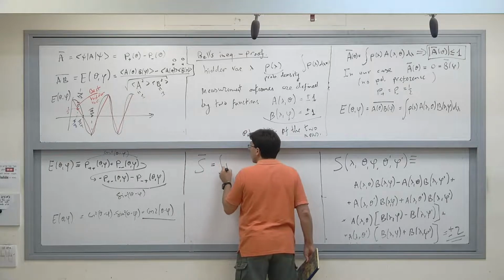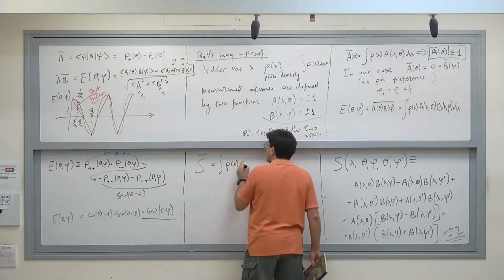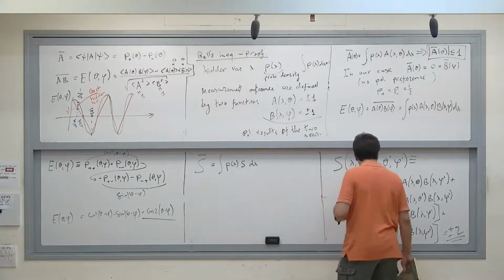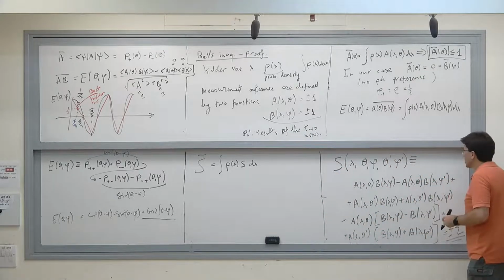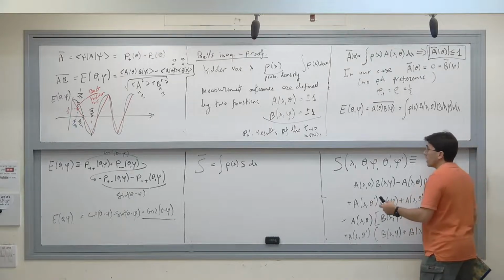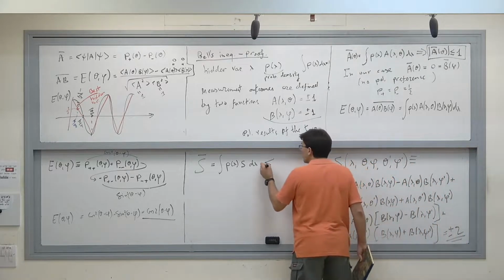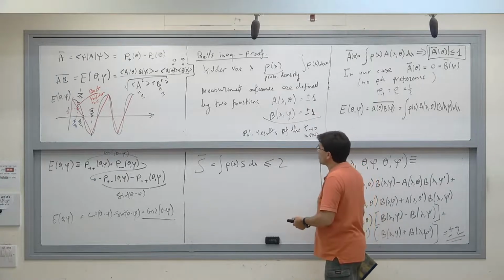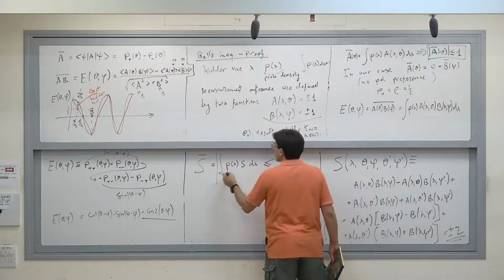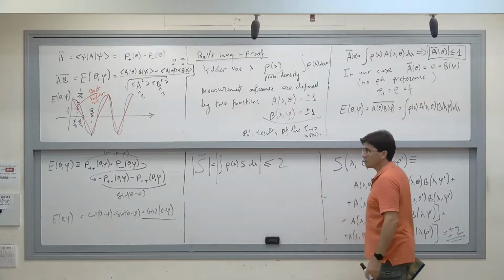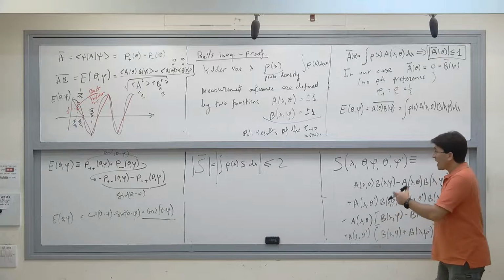This is the integral of p of lambda times S d lambda. And this we know must be less than 2 in absolute value. So this is the definition. But what is S average?